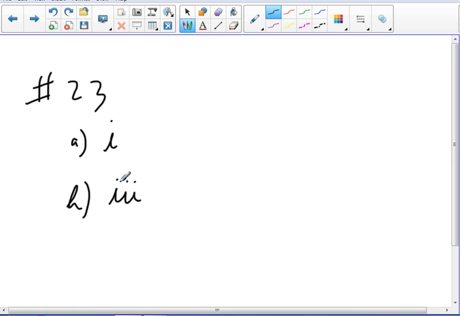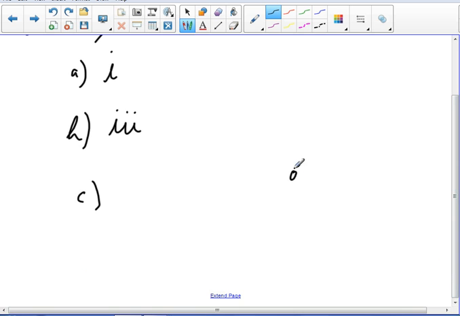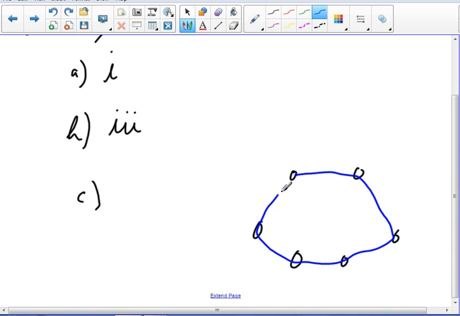A graph has 6 vertices, all of degree 2. All right. So if I have 6 vertices, A, B, C, D, E, F, and they're all of degree 2, it could look like this, right?